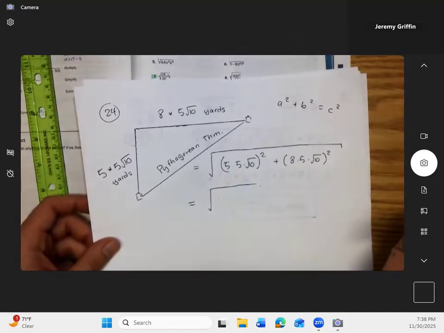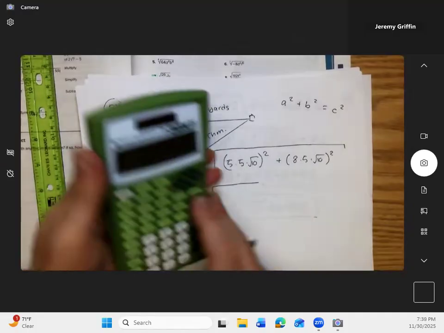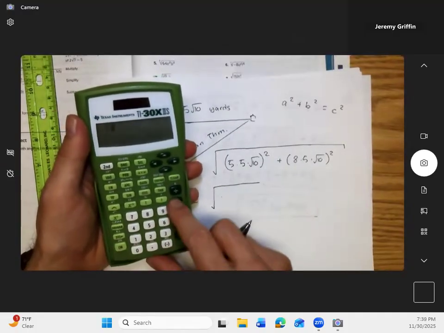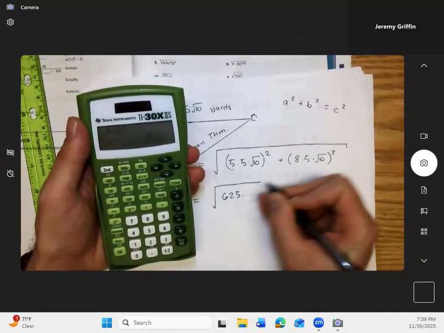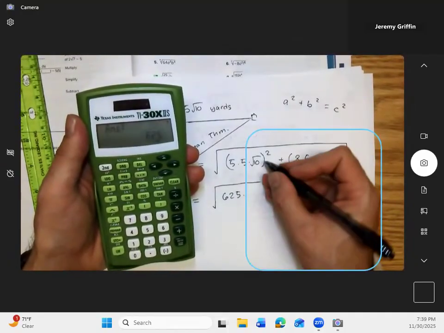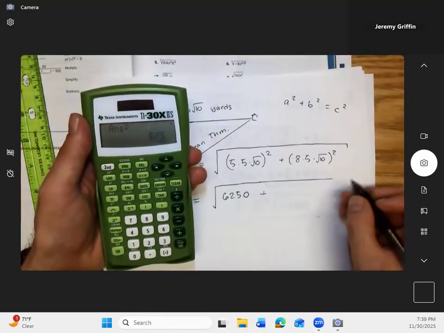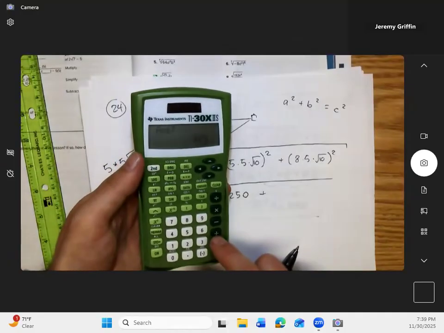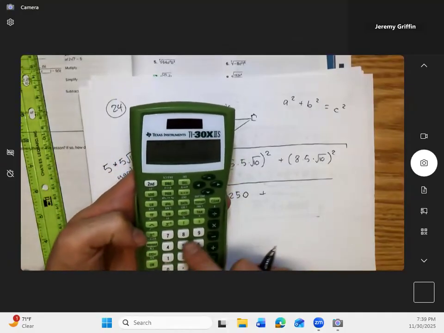Let's see what happens. Here, I'll just get a number. So 5 by 5 squared is 625, square root 10 squared is 10. So here I was throwing the 0 on for the 10. Plus 8 squared, 5 squared, root 10 squared is 10.